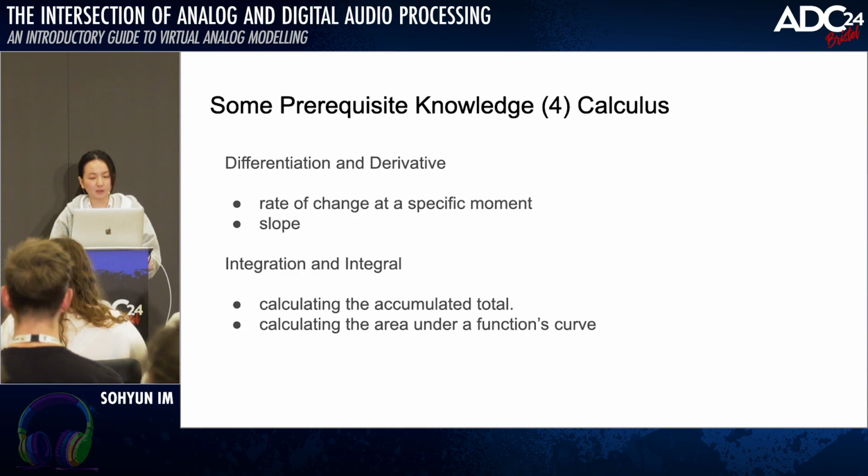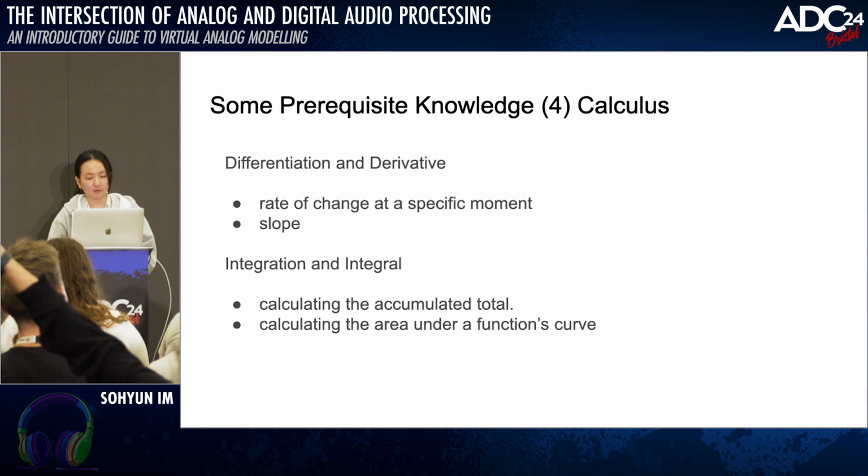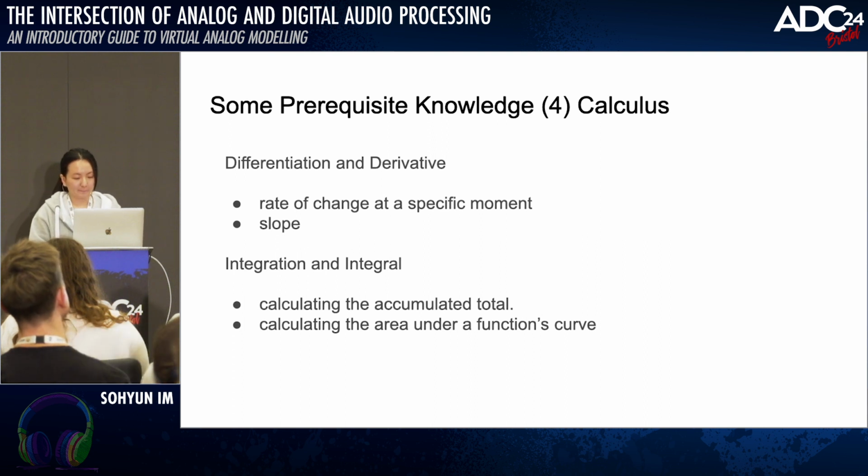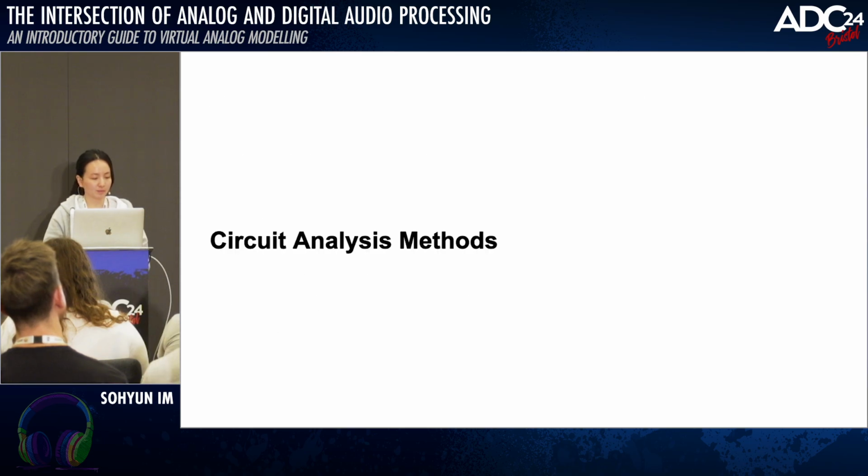And differentiation is a process to calculate the derivatives, the rate of change or slope for a specific function. And integration is like the opposite concept. Integration is a process to calculate the accumulated total. We're going to use all the concepts I've just addressed in the real modeling part.